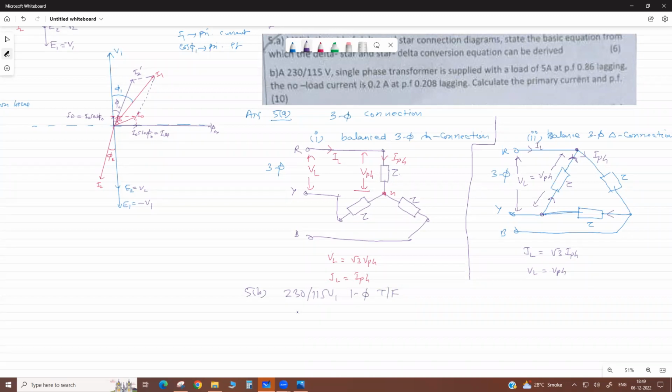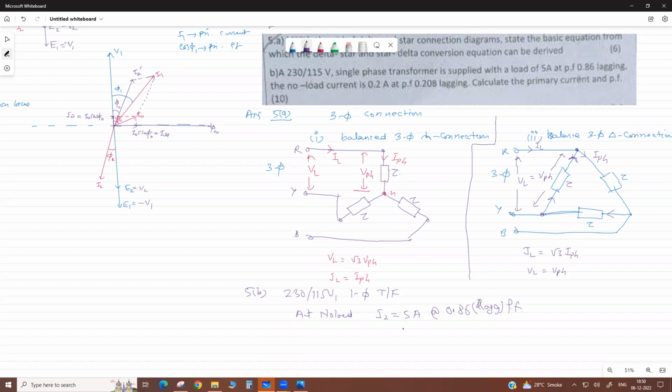It is supplying a load. Load current means secondary side current, which is 5.8 ampere, at 0.86 lagging power factor.